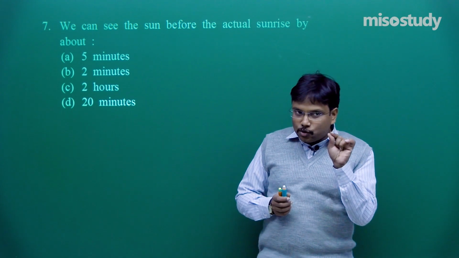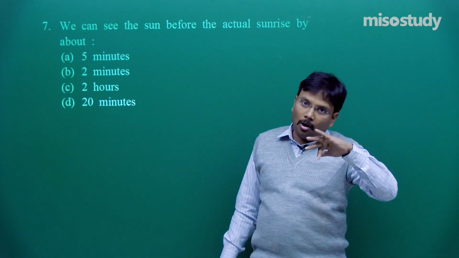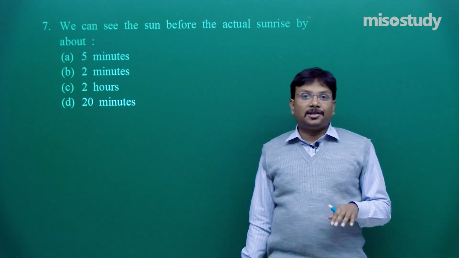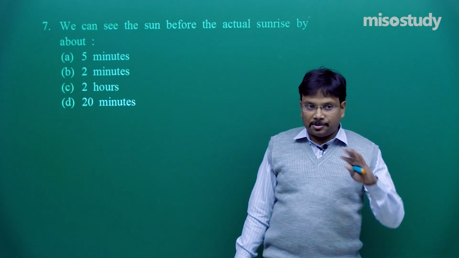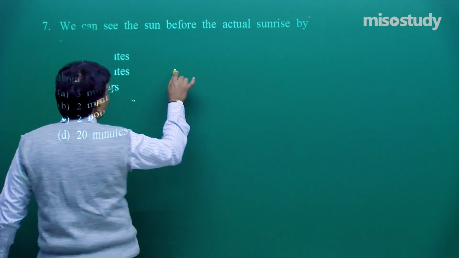So before the actual sunrise, it appears that the sun is already up. So it is going to be by 2 minutes, and even after sunset, you can observe the setting sun for 2 minutes.